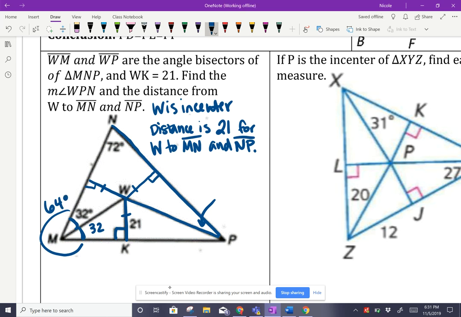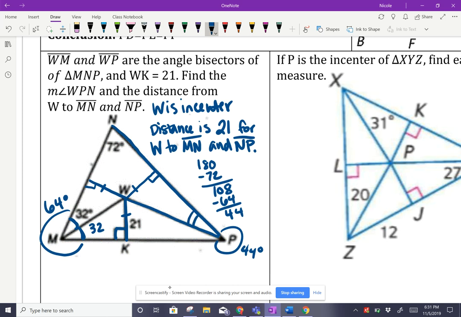So the whole corner down here is going to be 180 minus 72, which is 108. Then subtract 64 from that, and we have 44. So the whole corner is 44 degrees, but I only want WPN.